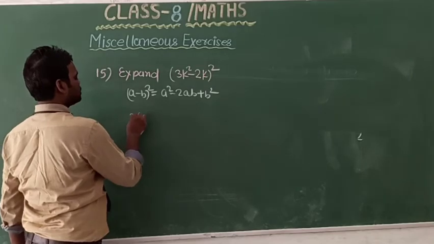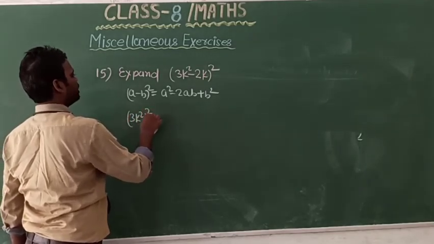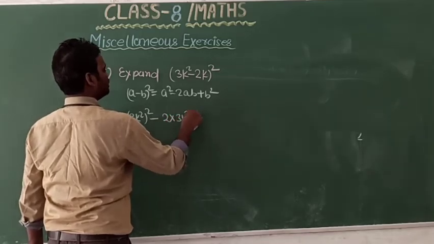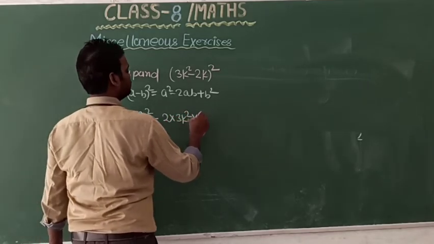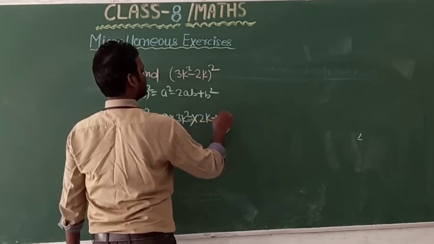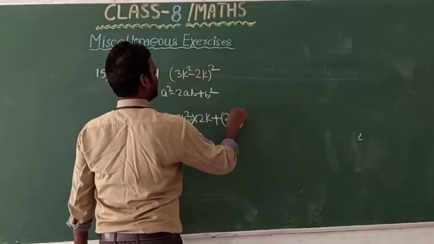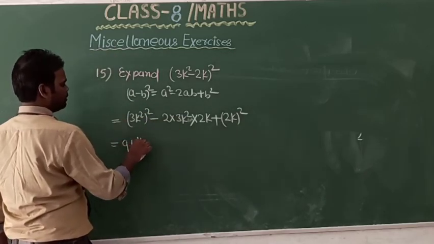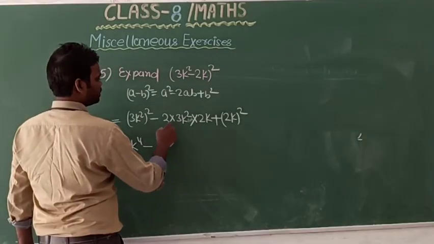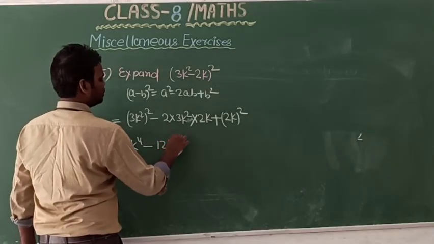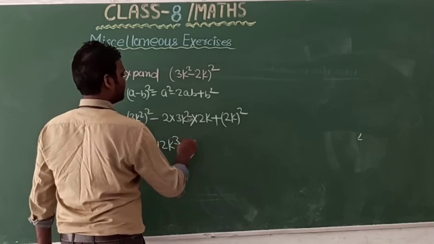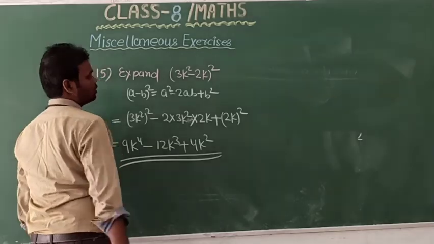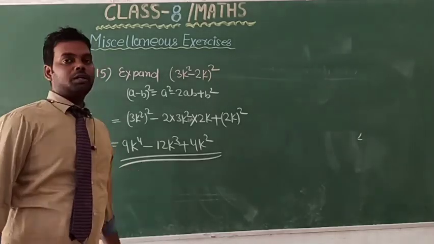So this is (3k²)² minus the product of 2 into 3k² into 2k plus (2k)², which is equal to 9k⁴ minus 12k³ plus 4k². So this is the solution of question number 15.